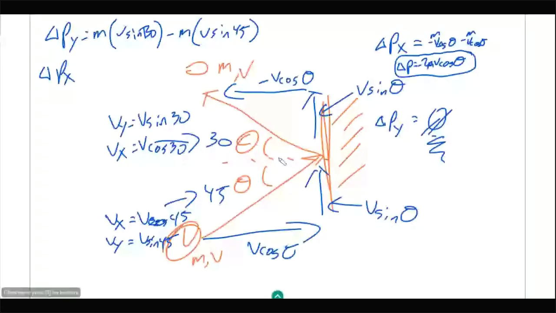You could also Pythagorean them together: p squared equals px squared plus py squared, and get a total change in momentum. It would really depend on what the question would ask for. But again, for this year's exam specifically, you're doing much more qualitative stuff. So it'll be compare what's going on.